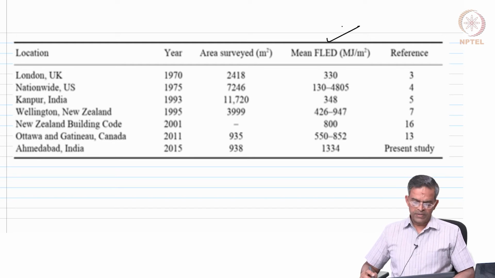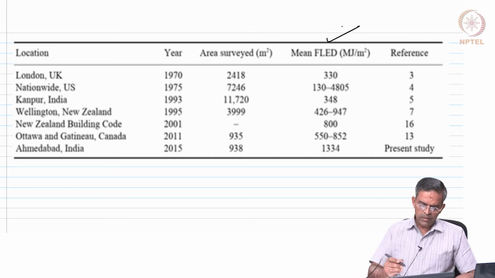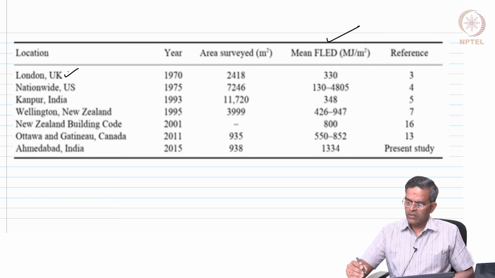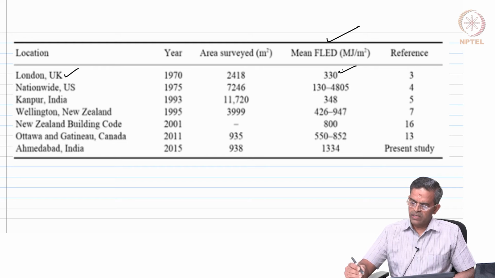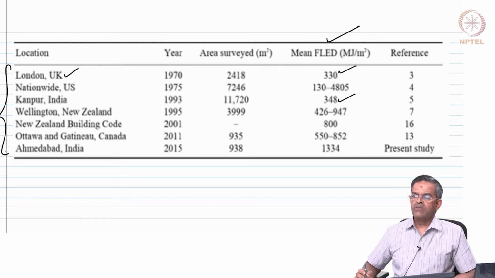Okay. The fire load energy density depends on different code provisions which are also carried and revised by different countries. For example, in London, the mean FLED is about 330 megajoules per square meter, whereas in India it is about 348. So, it keeps on varying, and these effects are reflected in the respective national standards of the countries.